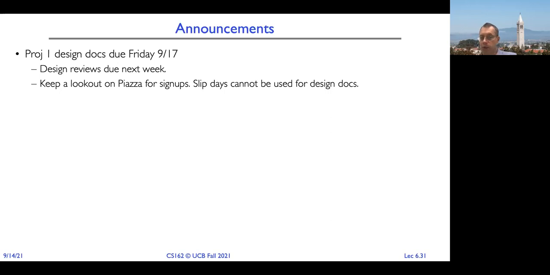And therefore, it's going to force you to think about the design. And then the idea is that once you have a good design document and you got the feedback, you address the feedback, you'll have a much easier job to write and finish your project. Okay. Think more, work less, something like that.